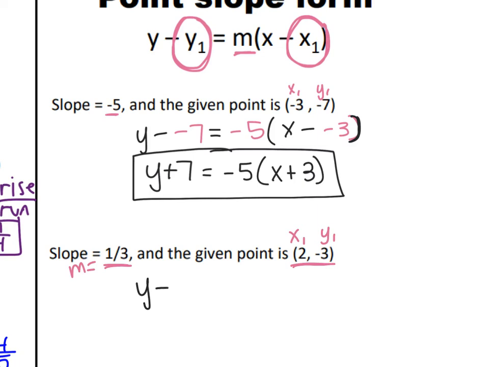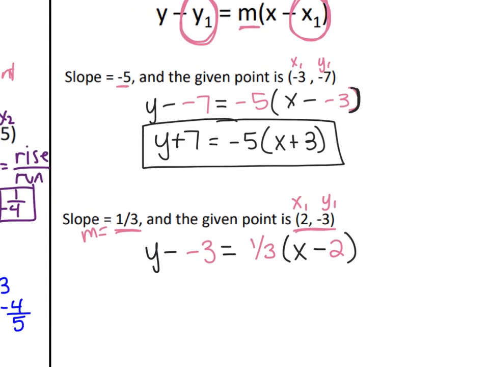So y minus our y1 is -3 equals m, in this case is 1/3, x minus 2, because again, x1 goes here. Alright, last little step, clean it up a little bit, get rid of any double negatives, and you are going to be left with y plus 3 equals 1/3 x minus 2.